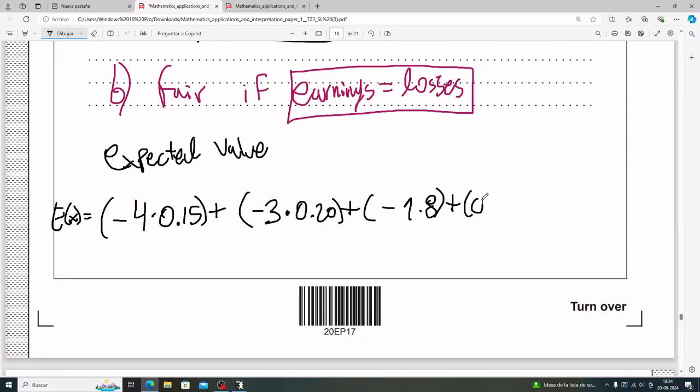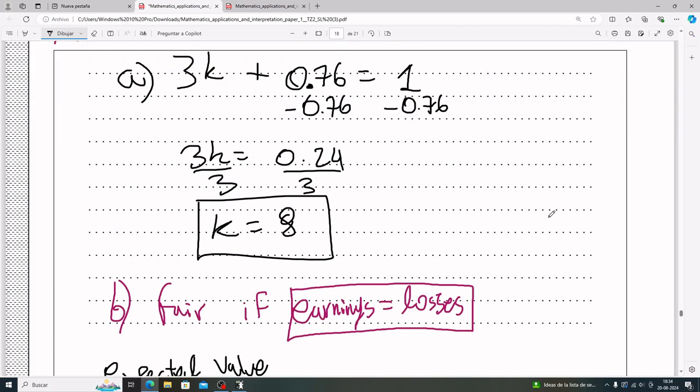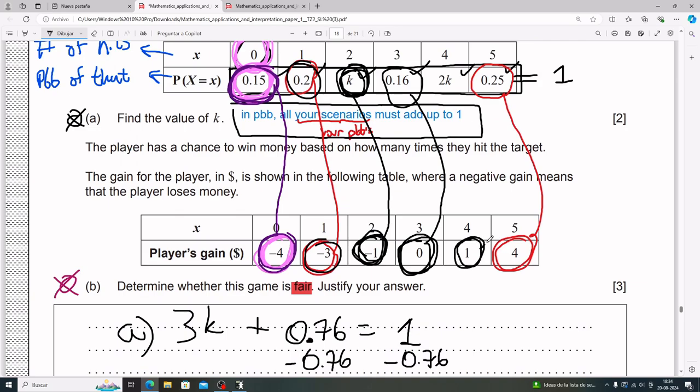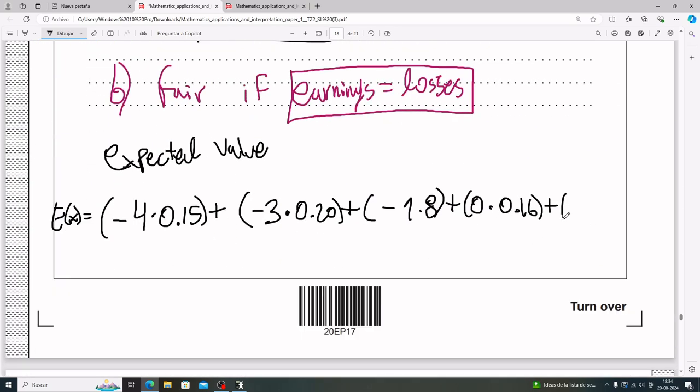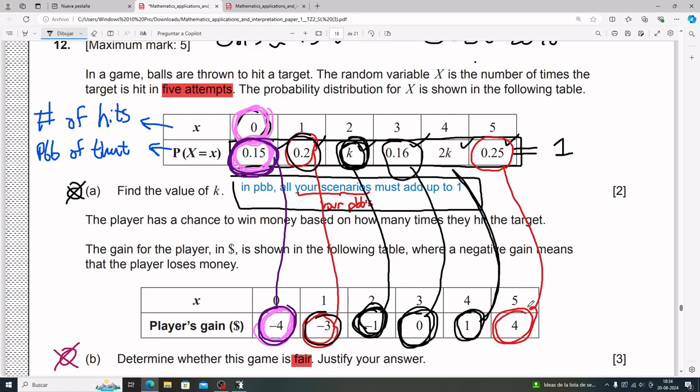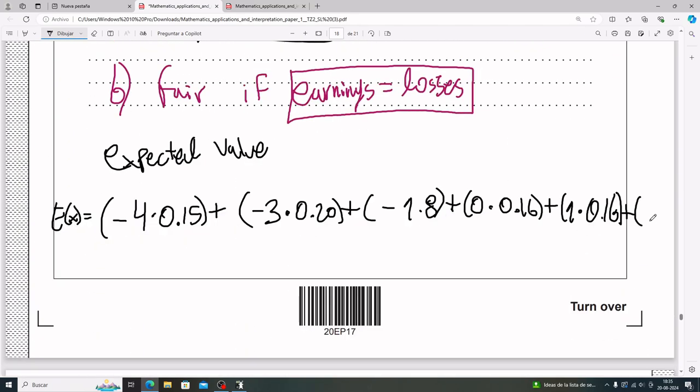So 0 times 0.16, plus the probability of earning 1 is 2k, which is 16%, so 0.16, plus the last parentheses, the probability of earning 4 is 25%. So earning 4 times 25.